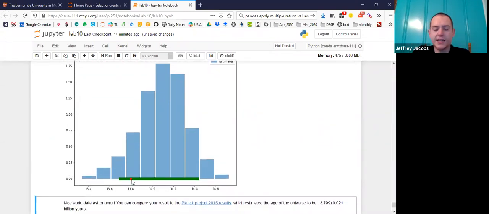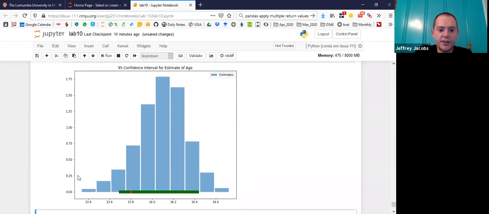The red dot is what actual astronomers have computed the age of the universe to be, given the best available equipment and data. Here we have a histogram of our estimates.